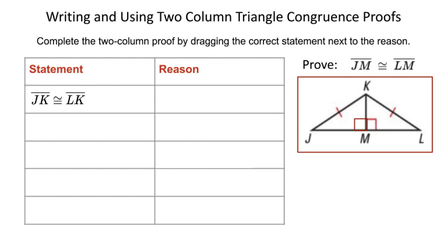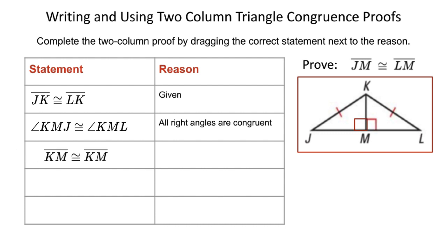Side JK is congruent to side LK, and that's given. There are two right angles, and we can state that angle KMJ is congruent to angle KML because all right angles are congruent. Now these two triangles share a side, KM. KM is congruent to itself by the reflexive property.